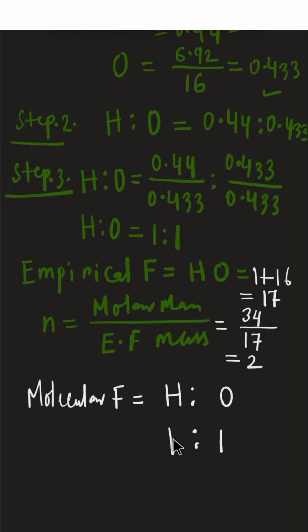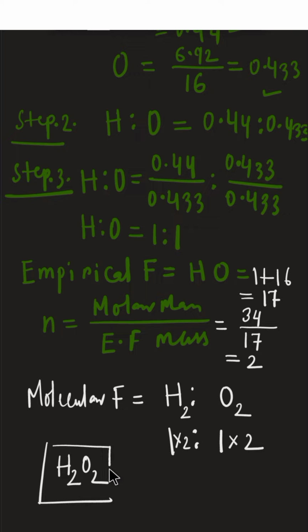Whenever we are trying to find out the molecular formula from the empirical, we multiply it with the n value, that is 2. So it will become H2 and O2. So H2O2 will be the molecular formula for the compound that is given in the question paper.